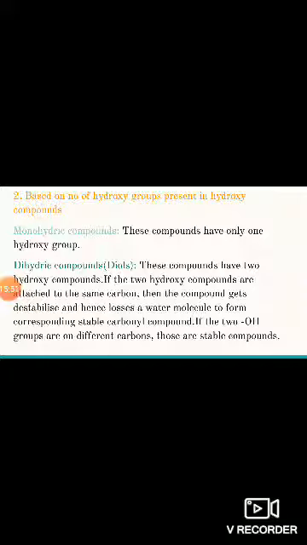Generally, vicinal diols are obtained from the hydrolysis of epoxides. They are also obtained from the oxidation of alkenes.